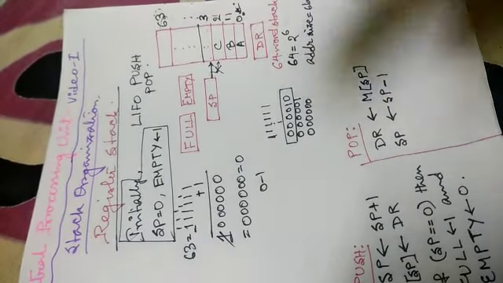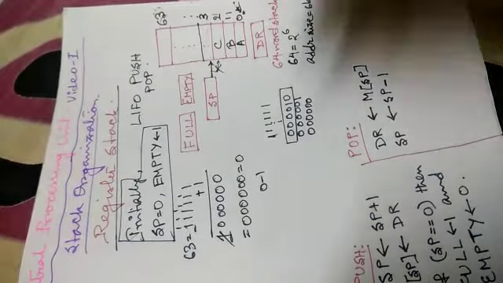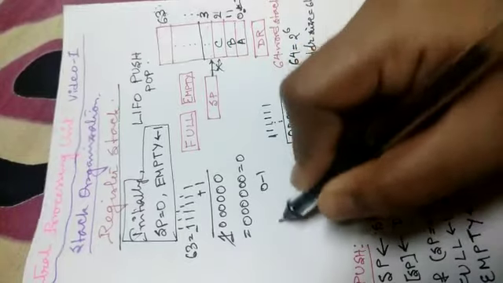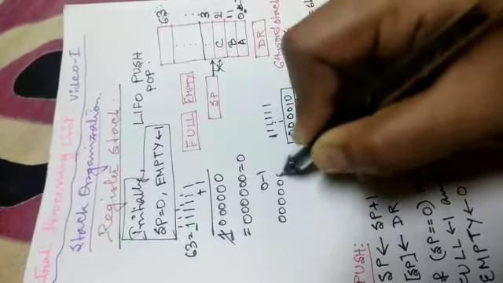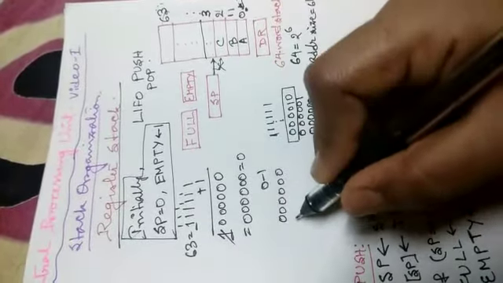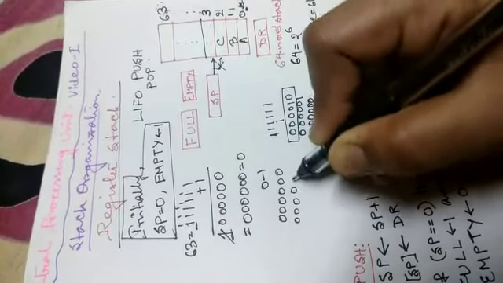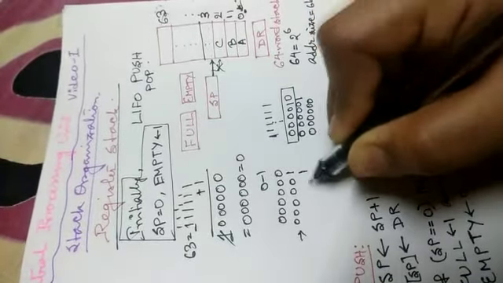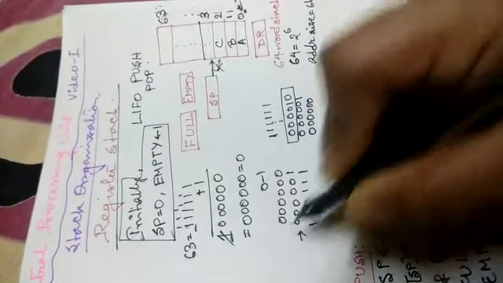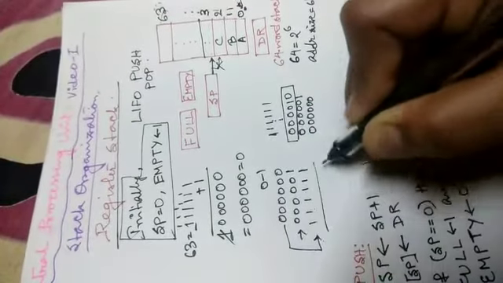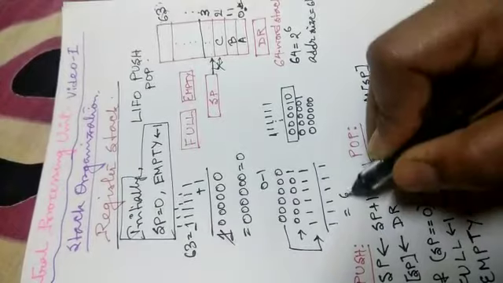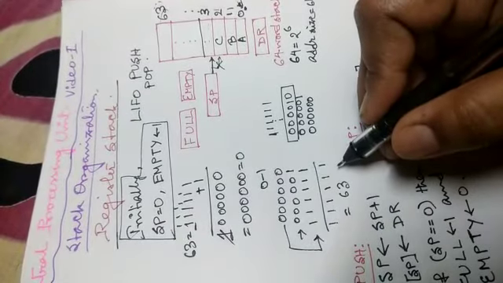Okay, for underflow condition I'm considering, let's perform it in binary. 0 0 0 0 0 0 1 means 0 0 0 0 0 1. Make its 2's complement 1 1 1 1 1 1. Now add these two, 1 1 1 1 1 1. This is equal to 63, right?